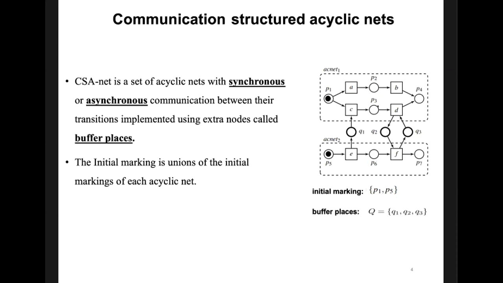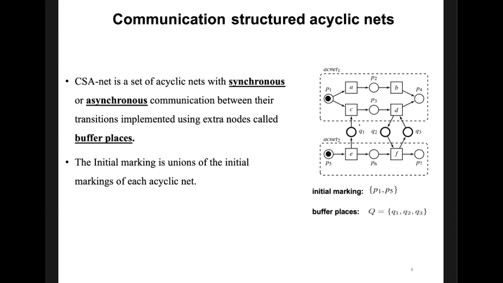For example, events E and C are two transitions involved in asynchronous communication, as E can be executed before C, or they can be executed together. However, C can never be executed before E. On the other hand, due to the synchronous communication between D and F, they are always executed together.